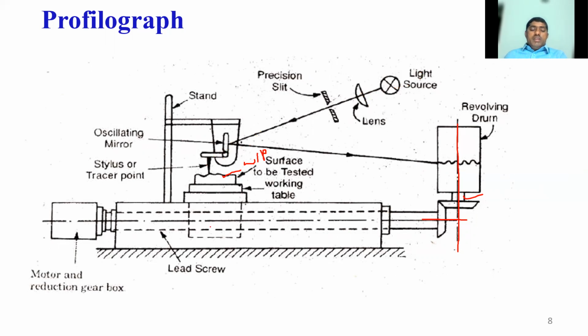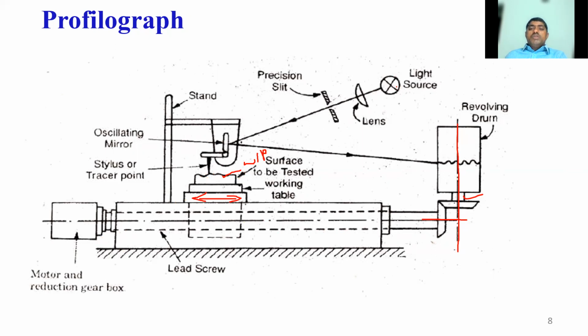Whenever this motor operates, what happens? The lead screw will move, and accordingly the table gets the movement. The stylus will move on the surface, and because of irregularities, this oscillating mirror will oscillate.